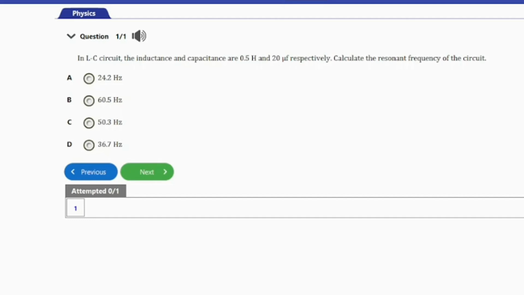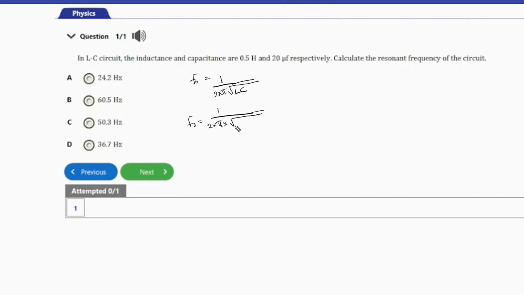So guys, to simply do this, we are going to state the formula. F0 is equal to 1 over 2π root LC. So for this question, we have L to be 0.5 and C, which is the capacitance, to be 20 times 10 to the power of -6, since it's microfarad.